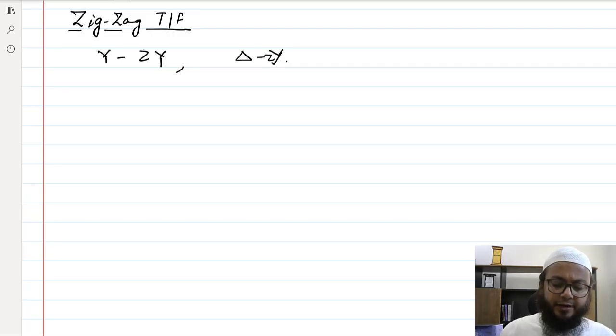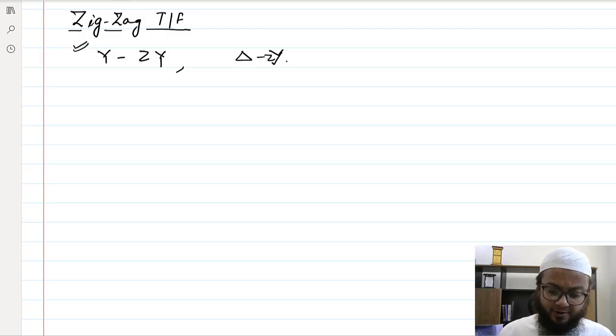And obviously various groups as well, like minus 30 degree, plus 30 degree. These are all combinations possible here. But I would just be discussing in brief the star zigzag star connections here.